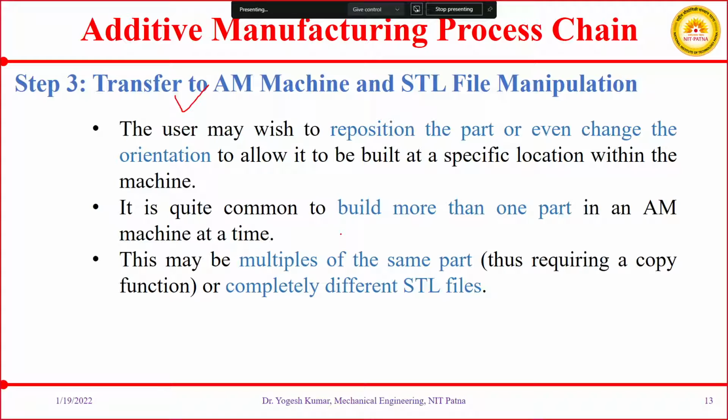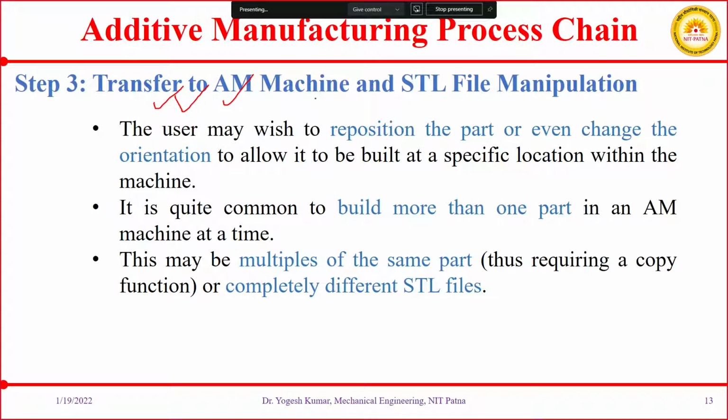Nowadays this limitation is not there, but previously, in development phases, people used to create sliced data in one slicing software and then transfer this sliced data to the additive manufacturing machine. But nowadays it is clubbed and you can perform the slicing on your additive manufacturing machine itself.